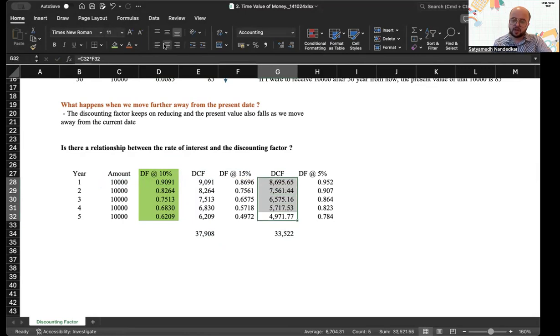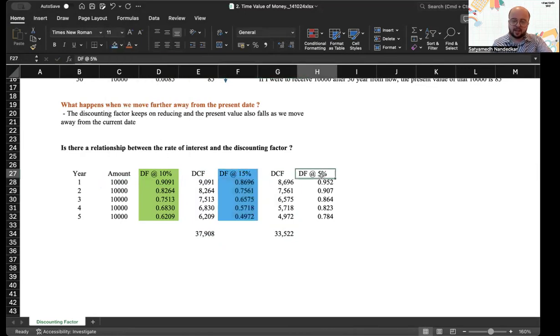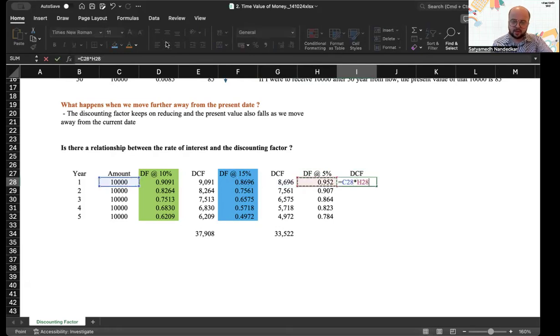I want you to focus on the column for discounting factor. I'm coloring this in blue. Have a look at this one. And the last one that I want you to have a look at is the discounting factor column for 5%. 10,000 into this.